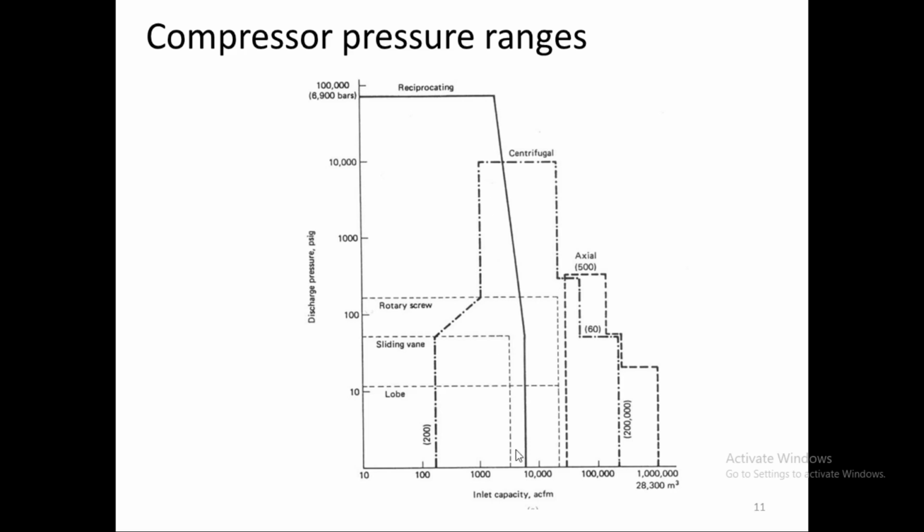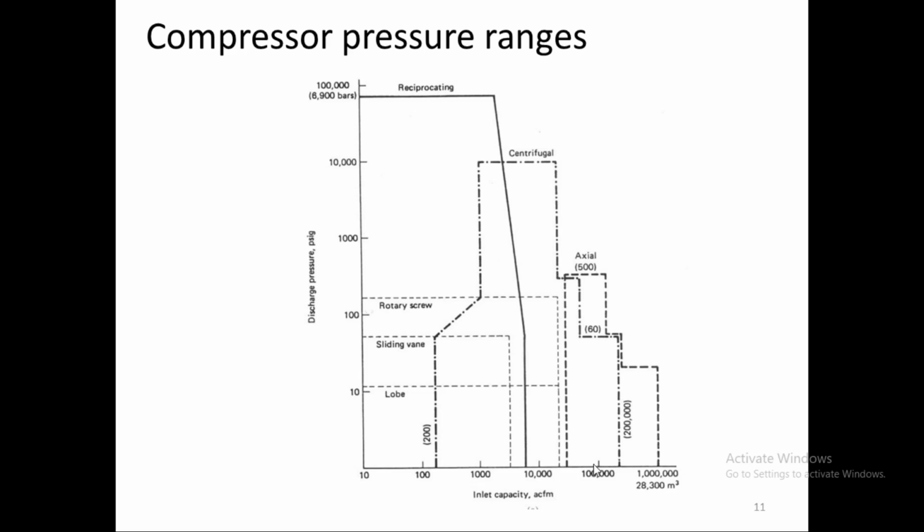Then the second will be the centrifugal type of compressor, and rotary screw type of compressor, sliding vane and lobe. But if you compare the pressure and the intake volume, you can see that the highest pressure can be received by the reciprocating compressor.